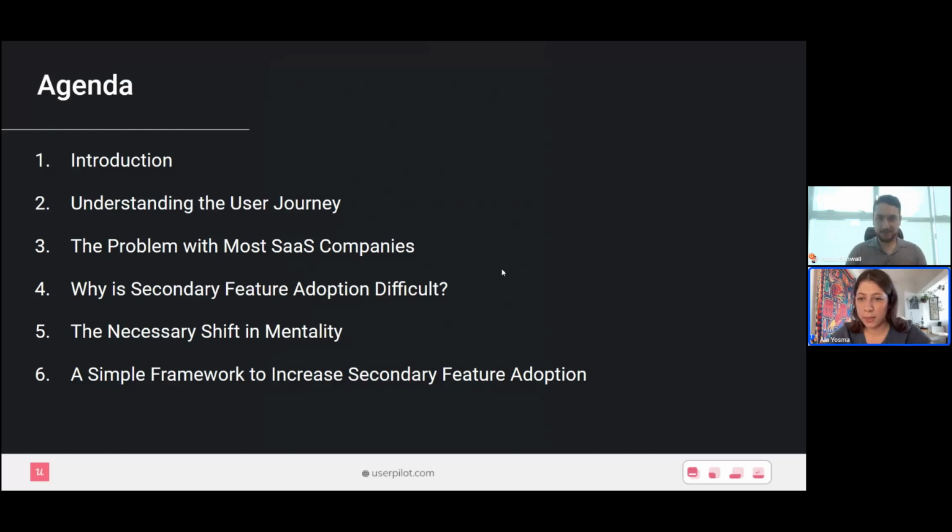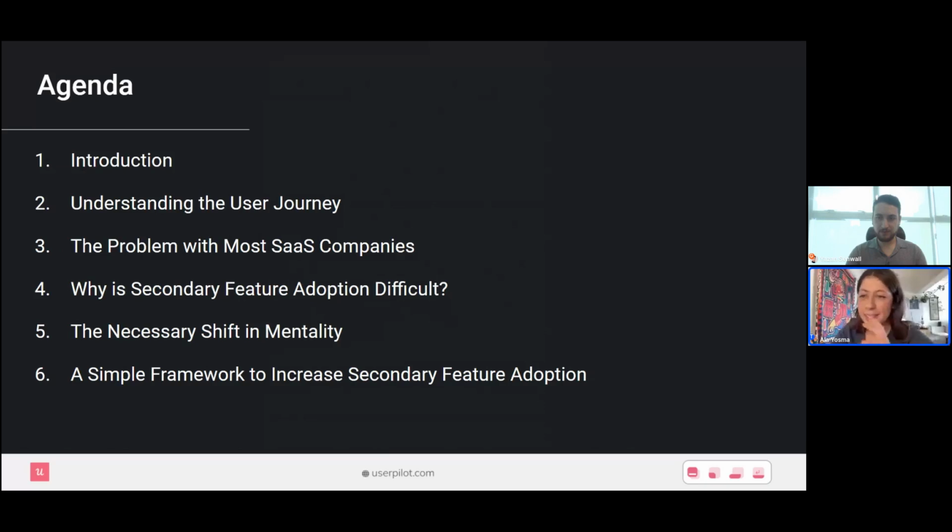Okay. So let's see the results. They are coming in slowly. Most people think the reason secondary feature adoption is difficult for most SaaS companies is complexity or lack of understanding of the features.